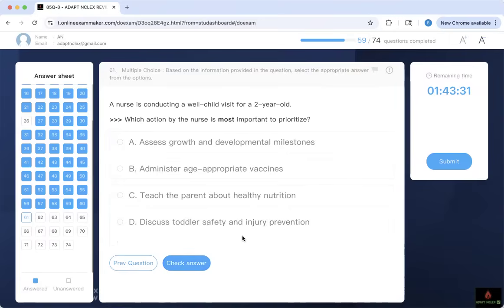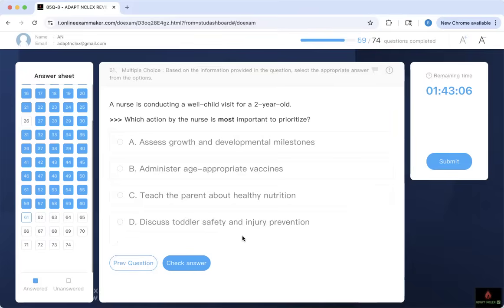Which action by the nurse is most important to prioritize? A nurse is conducting a well-child visit for a 2-year-old. Which of these is more important when you see a 2-year-old? Assess whether they're growing, growth and development milestones, whether they get their vaccination, teach the parent about healthy nutrition, discuss toddler safety and injury. This is all a trap.